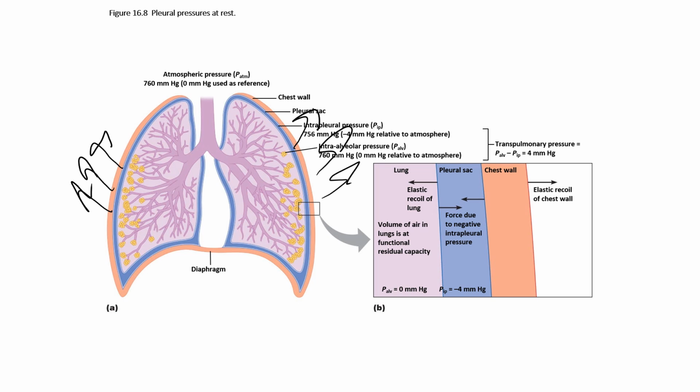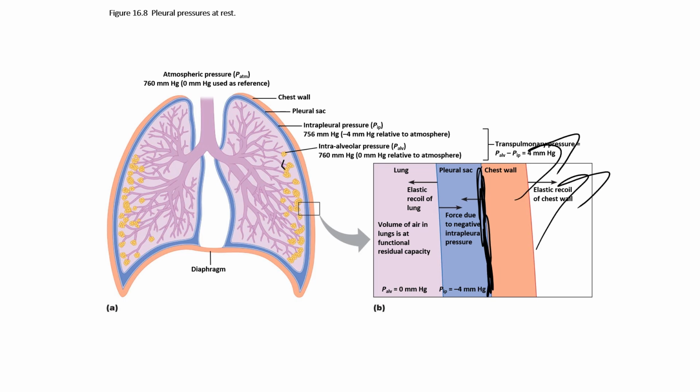If the chest wall moves up and out, what's attached to the inside of the chest wall? Well, the parietal pleura is. So if the chest wall moves up and out, that means the parietal pleura is pulled up and out. If the parietal pleura is pulled up and out due to the chest wall moving up and out, then what's happening with regard to the whole pleural cavity?